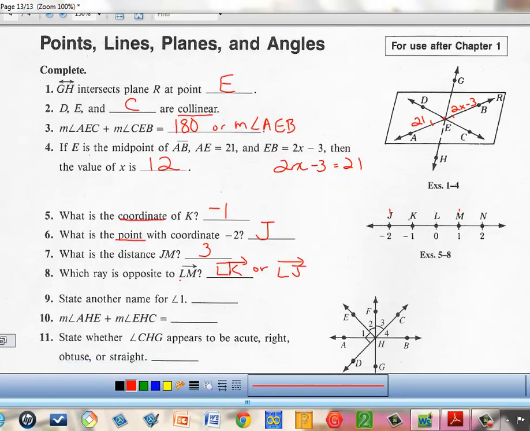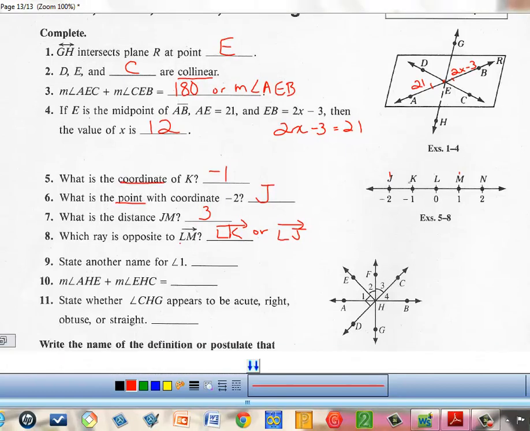All right, number 9, another name for angle 1, and we're down now in the bottom diagram over here. Another name for angle 1, if I trace it, would be angle EHA or AHE.